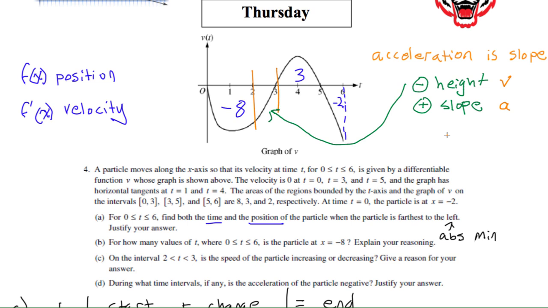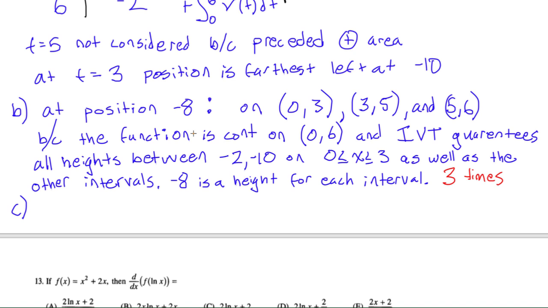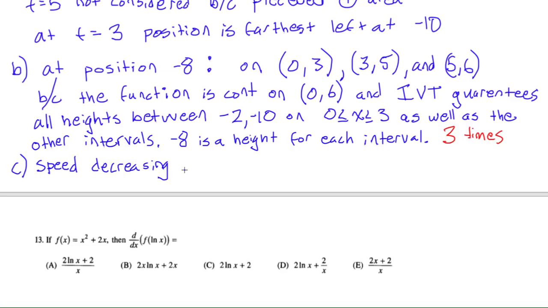That's not one of the options formally, but yes, it is decreasing in speed. So speed is decreasing. And it does say to justify, give a reason for your answer. So our reason is because velocity and acceleration are different signs. So because v and a have different signs.